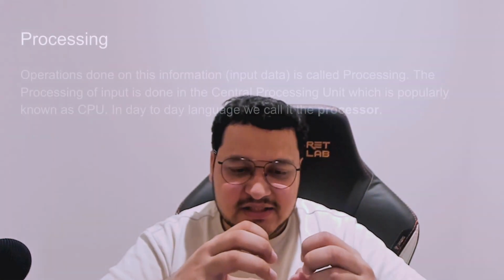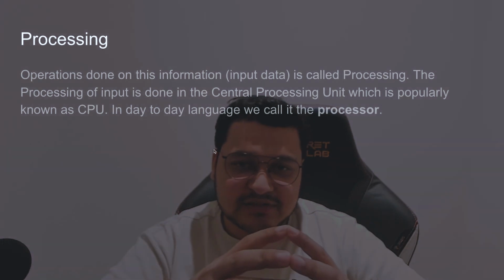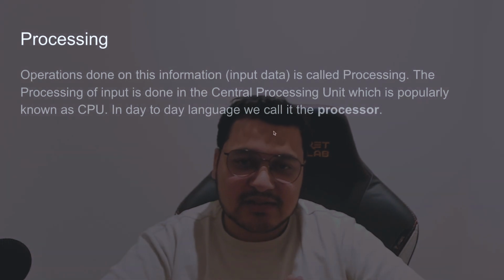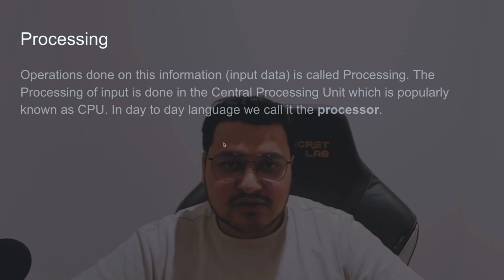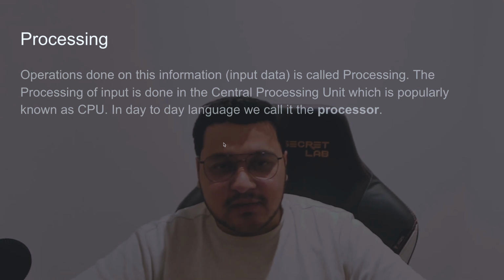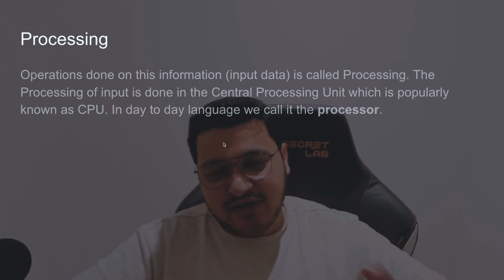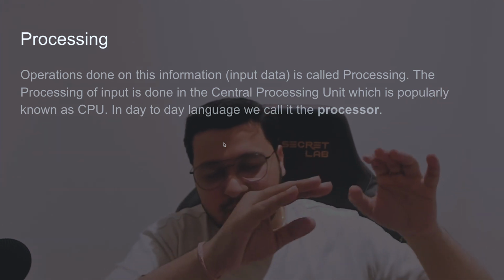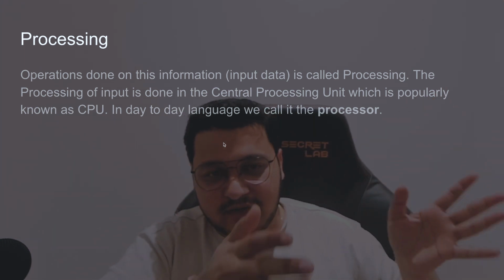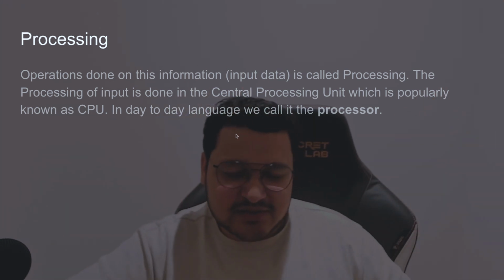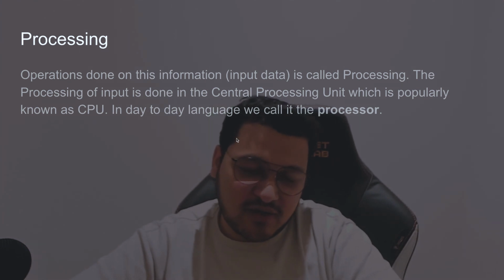Input is given and the operation that you have asked it to do happens, and then the output is generated. All of this happens in the processor, and that's why it is called the processing unit. It is also known as the central processing unit, or CPU. This CPU is different from the CPU in your old desktop, where the whole box is called CPU, but that's just a generic name given to that.